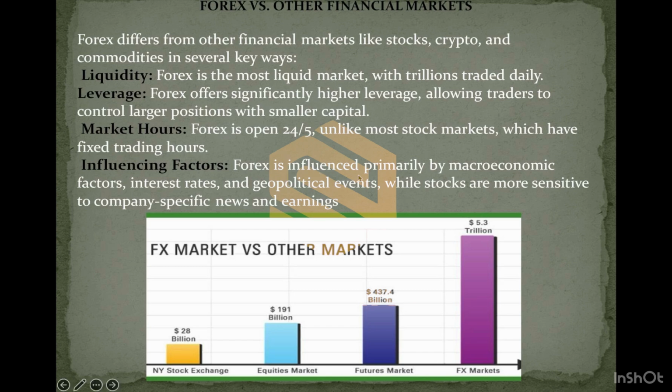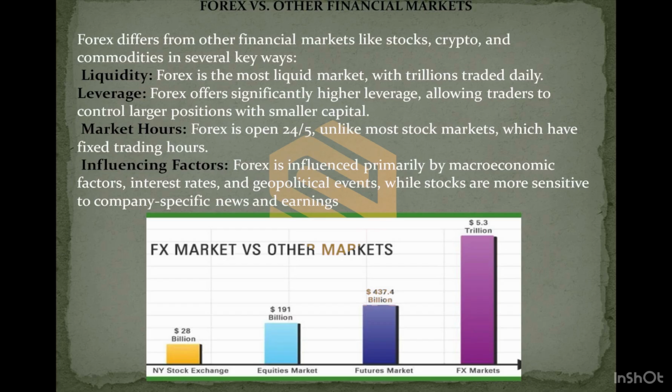Influencing factor. Forex is influenced primarily by macroeconomic factors, interest rates, and geopolitical events, while stocks are more sensitive to company-specific news. So, like I said, a lot of factors influence the forex market, like the interest rate and the economic strength of the country. Is there negative or positive news about the country?